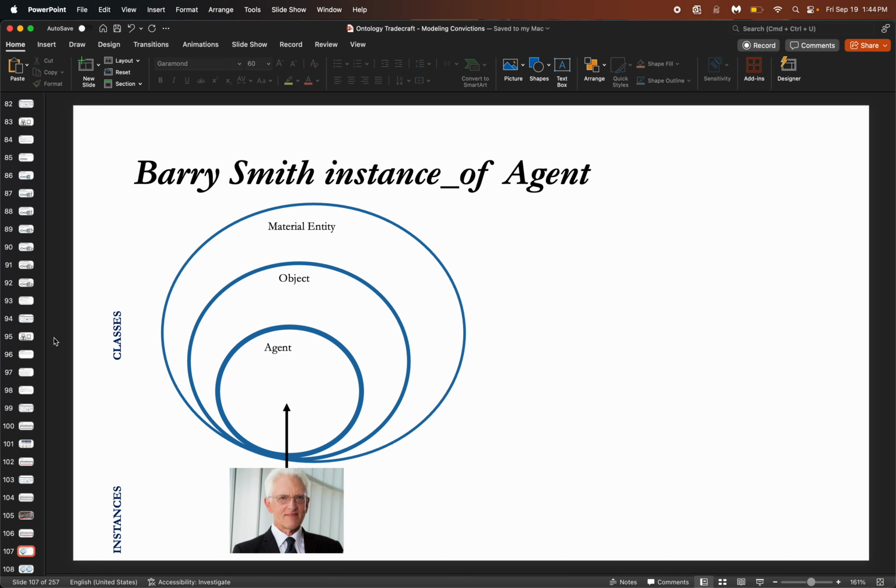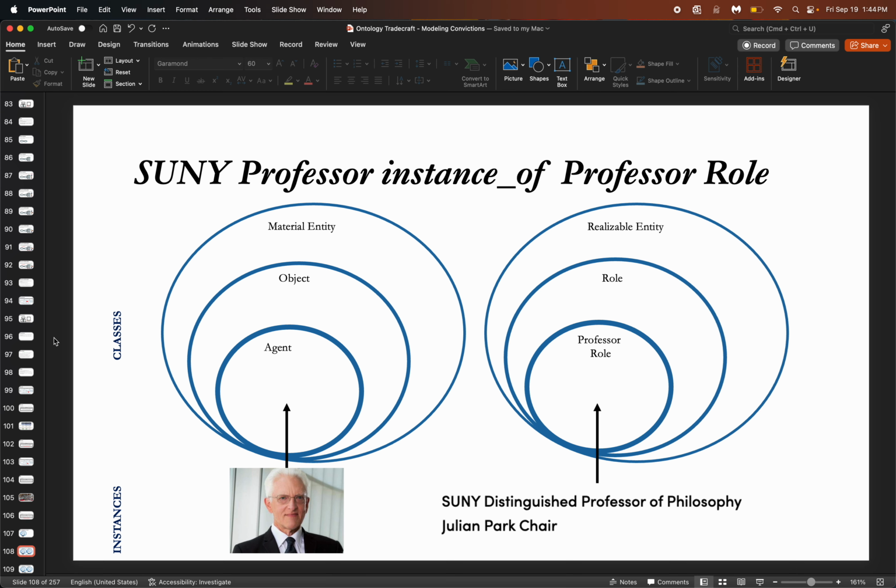As an example, just to highlight the inventor of Basic Formal Ontology, because he deserves all the laurels, here's a picture of Barry Smith, who is an agent, we'll say, which is a type of object, which is a type of material entity in BFO. And Barry's an instance of agent. There's also this role that he has. He's the SUNY Distinguished Professor of Philosophy and Julian Park Chair, and that is a very distinguished, very prestigious role he bears, that role being a realizable entity.